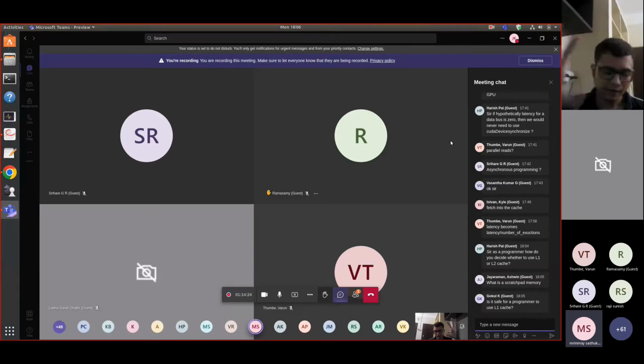You can say that you want this variable or array to go into L1 cache, which is the scratchpad memory, but you can't specify that you want to place a variable in L2 cache. It is decided by hardware. So L2 cache is not in our hands. Only L1 cache, and not even the entire L1 cache, only the part of it which we call scratchpad memory is in the programmer's hands.